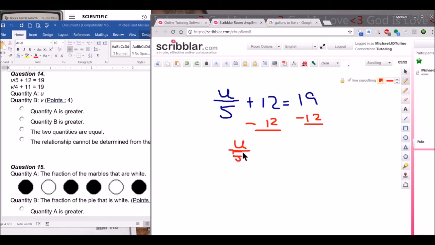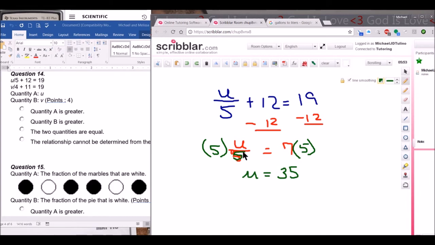U over 5 equals 19 minus 12, which is 7. And now over here on this side, we have division. And to get rid of division, we multiply both sides by the 5. And so that means u here equals 35.